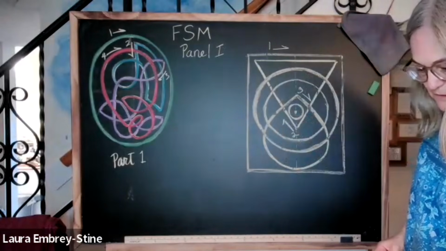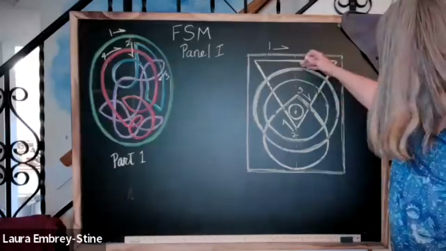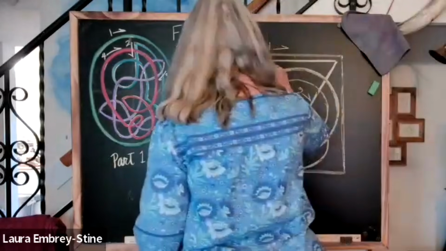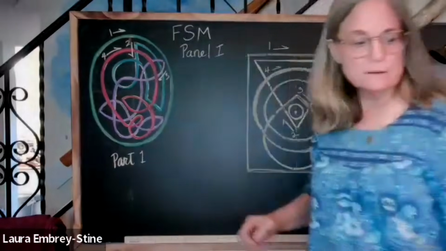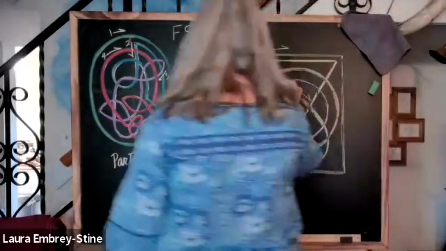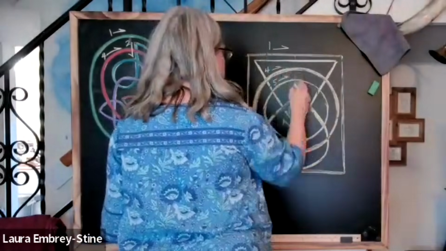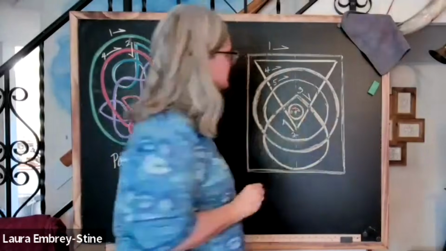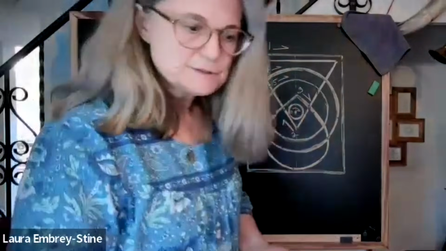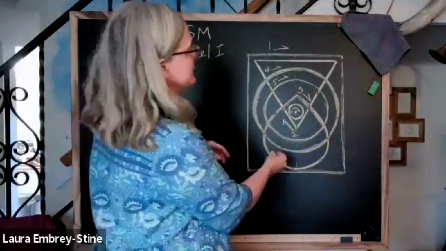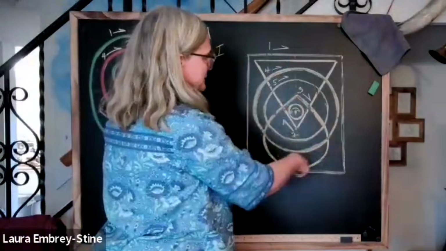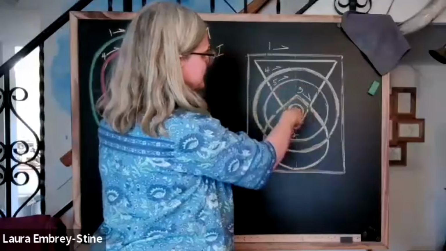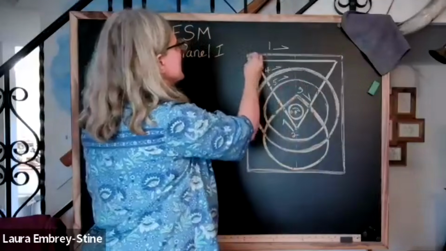And then we do these circles and we go from the largest to the smallest. So here's 4, and they are all clockwise. So the rectangle first, then the triangle, then the teardrop, then the outer circle, the middle circle, and the inner circle. So here we go.